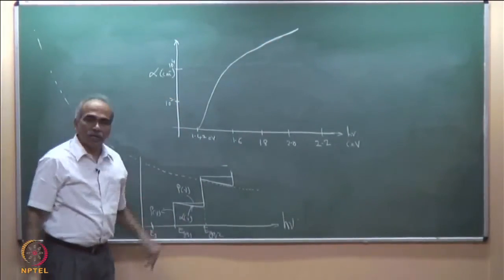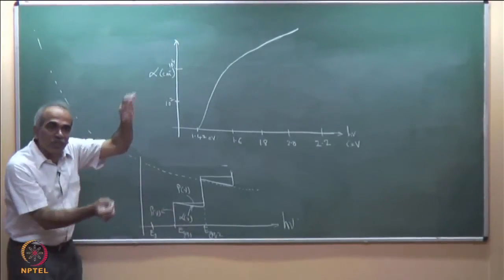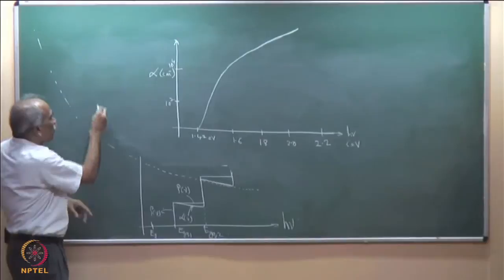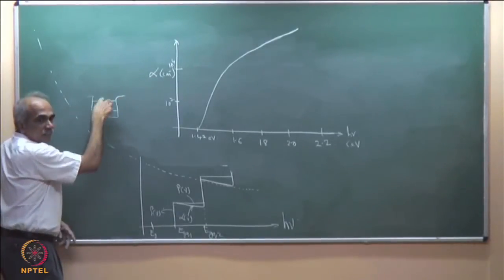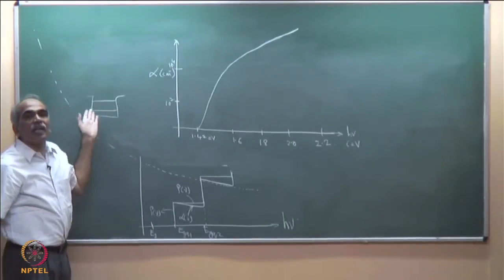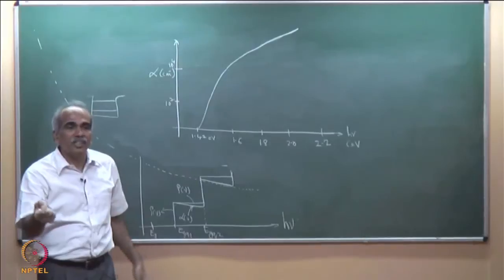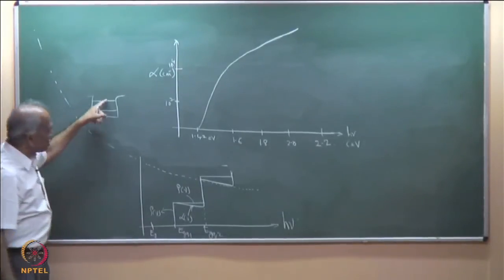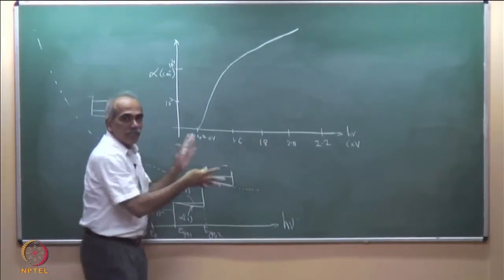I had to expand because these differences are not 1, 2, 3 eV, it is a small difference corresponding to the energy difference in the quantum well. It is only 50 to 100 meV, that means 0.1 eV is the difference between these two, not 1 eV. That is why I had to expand this to be realistic.